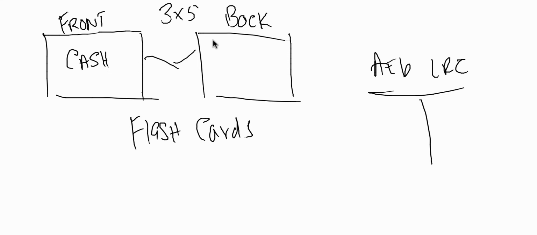On the back side you go something like increase debit, decrease credit. You could even put like normal debit, okay? And then you got a bunch of these flashcards for a bunch of accounts. I don't know, do 100, and take the flashcards with you when you go shopping or something, and just run through them.